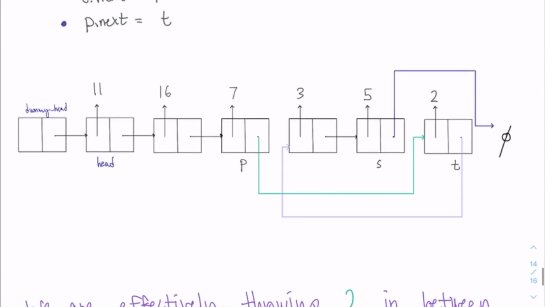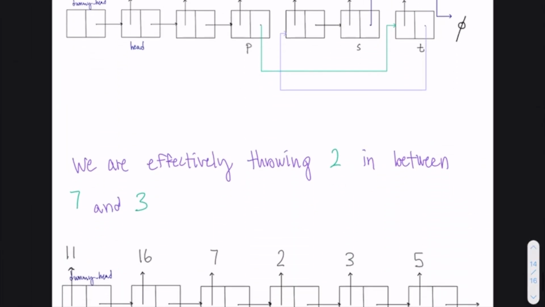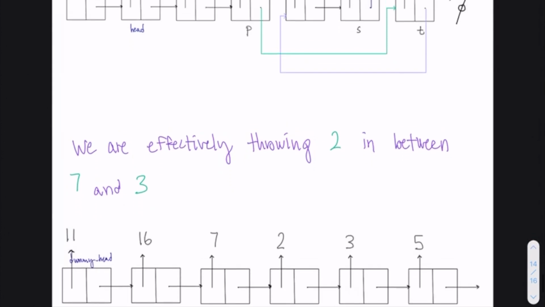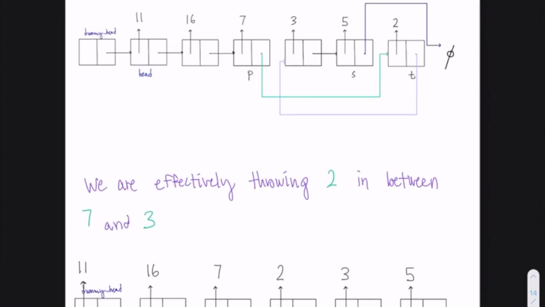And we can simplify this like we did with iteration 0. The p node is pointing to the t node, the t node is pointing to the node whose value contains 3, and the node whose value contains 3 points to the node whose value is 5.